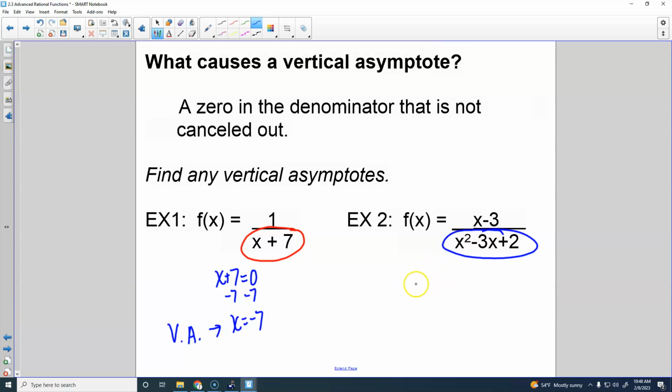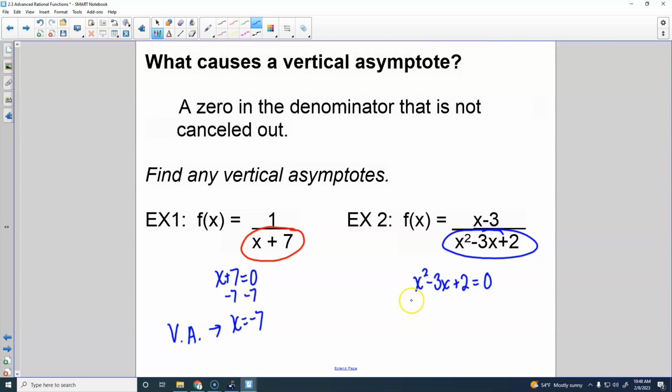So we're going to say x squared minus 3x plus 2 is going to equal 0. To solve this, I have several options. I could complete the square. I could use the quadratic formula. But the fastest, if it will factor, is to factor.